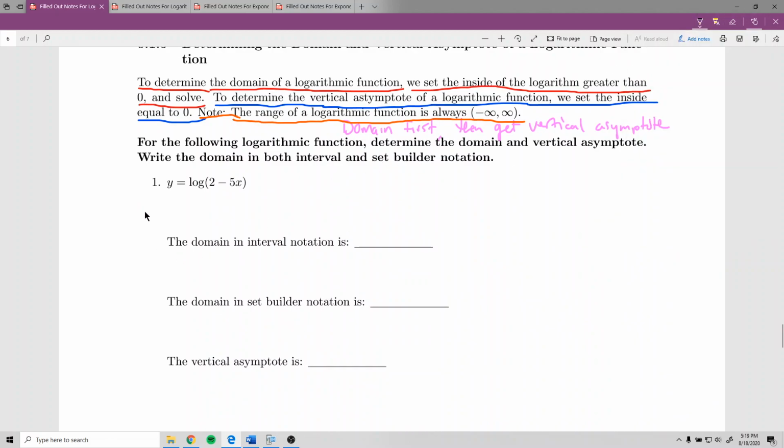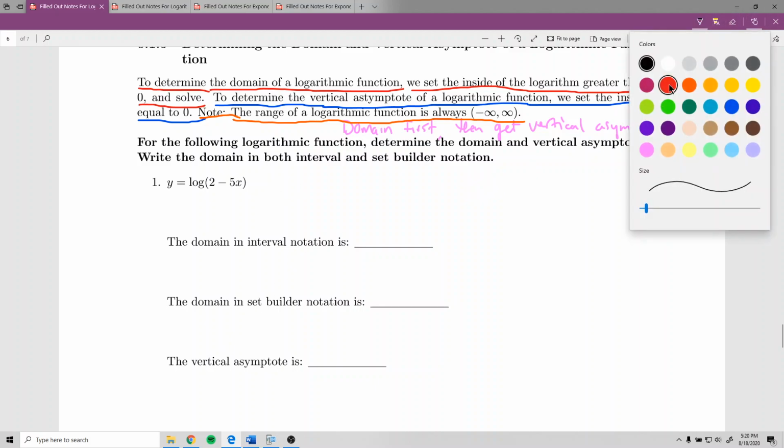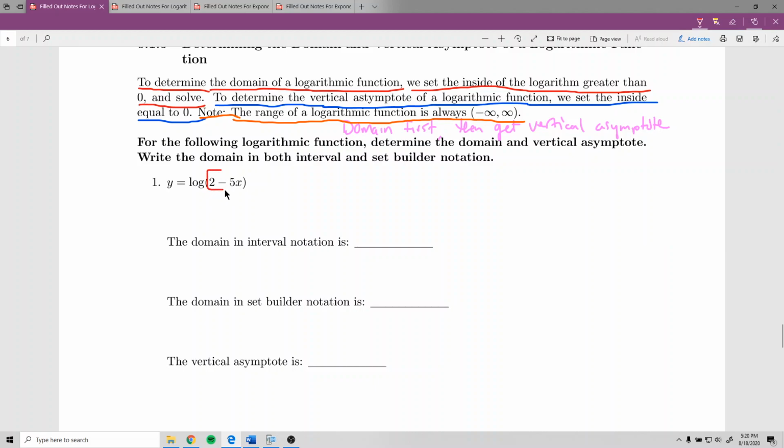All right, so we got y equals log of 2 minus 5x. We want the domain in interval notation, the domain in set builder notation, and then the equation of the vertical asymptote. All right, so let's do the domain first. We set the inside greater than 0: 2 minus 5x greater than 0, and solve for x.